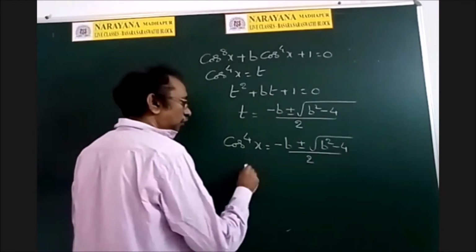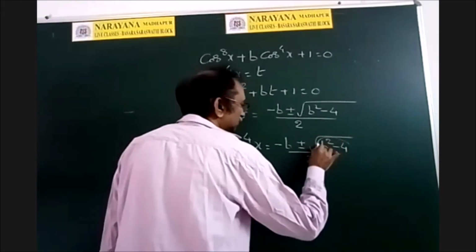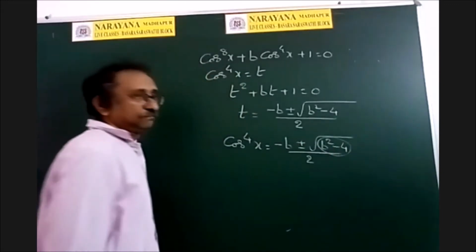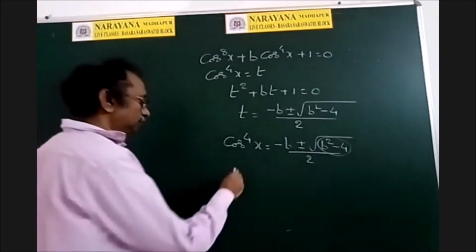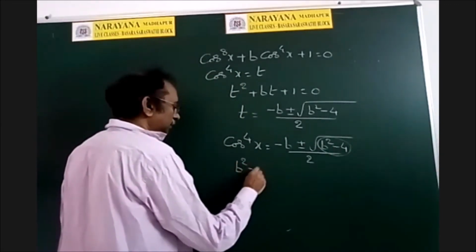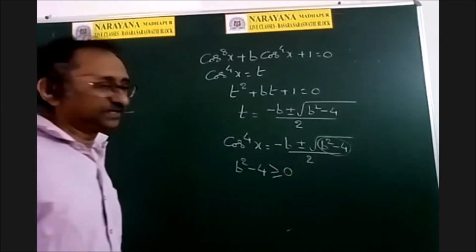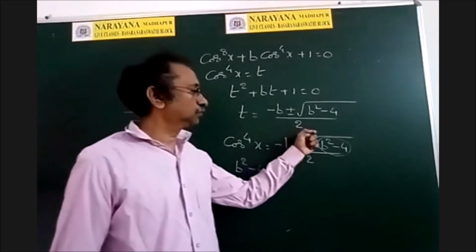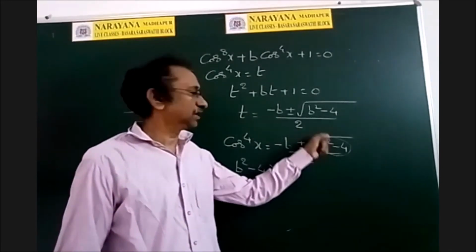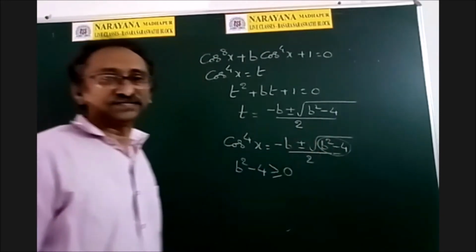First of all, what is the square root expression? b square minus 4 must be greater than or equal to 0. The expression under the square root must always be non-negative.